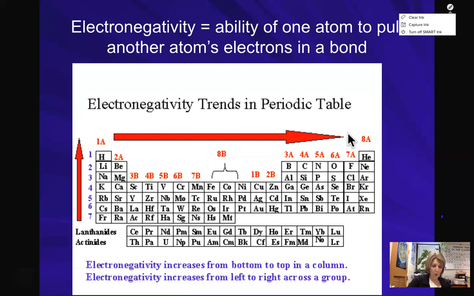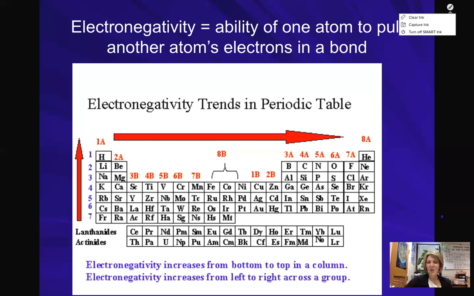And that's an important trend. Go ahead and draw that on your electronegativity table. And notice that it actually has numbers there. And that's going to become very important when we learn about what kind of bonds atoms make. So you see that fluorine has an electronegativity of 4. And we see that francium has an electronegativity of 0.7.